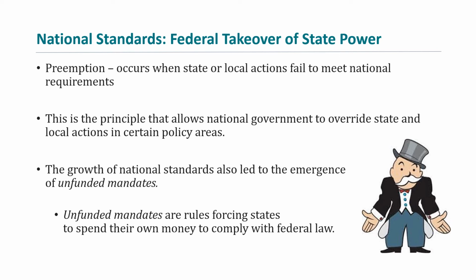The growth of these national standards has also led to the emergence of unfunded mandates. And like I said before, these are extremely unpopular with states and localities. An unfunded mandate is a regulation or a condition from the federal government that forces states and local governments to make changes without reimbursement for the additional costs.